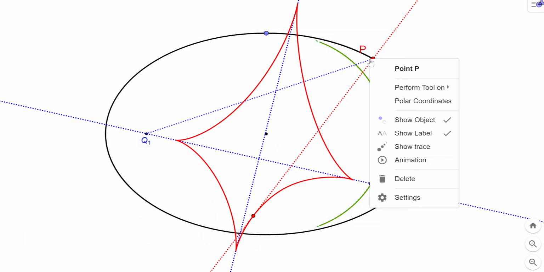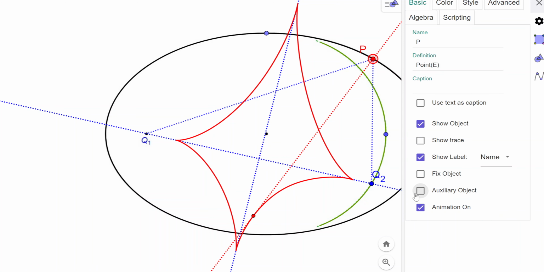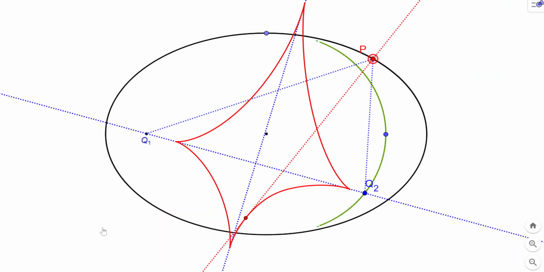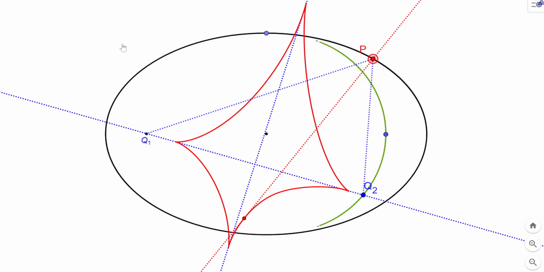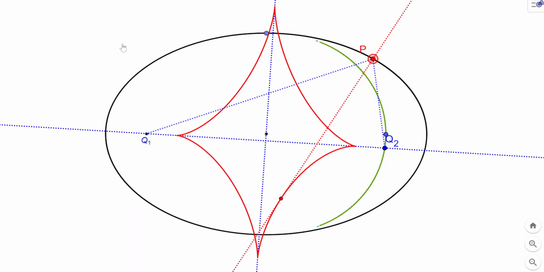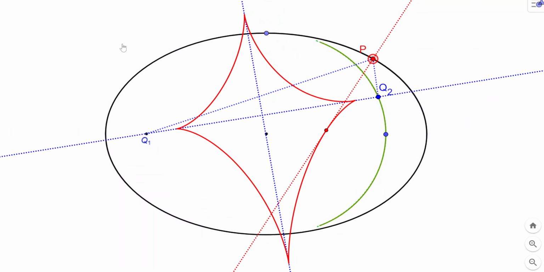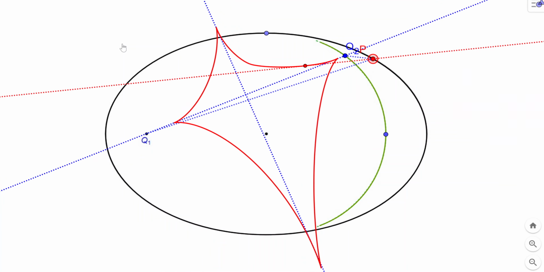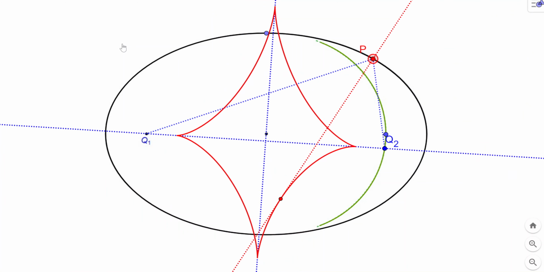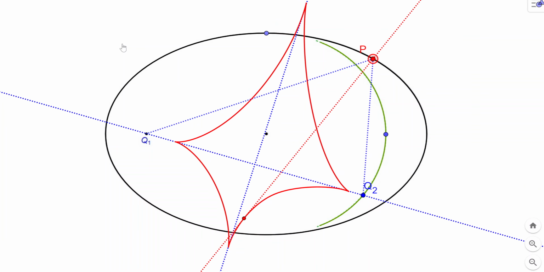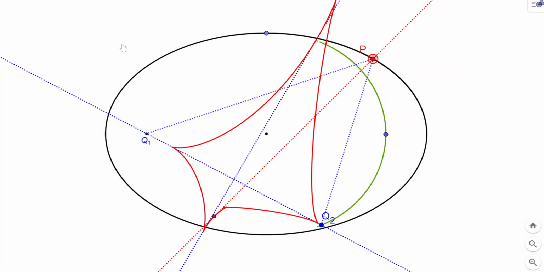Let's stop this animation of the P point. And I just want to animate now Q2 on this iso-area curve, if you will. Okay, now all the envelopes that you're seeing here have the same area as the standard ellipse evolute. And in fact, when Q2 is on the right focus, you get the evolute itself.